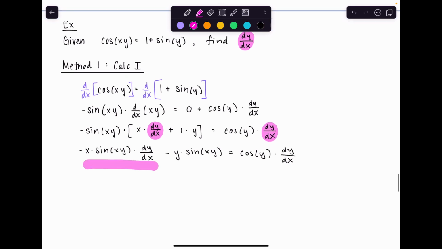So I'm going to move this to the other side by adding it. I'm left with negative y sine of xy, and then I've got cosine of y dy/dx plus x sine of xy dy/dx.